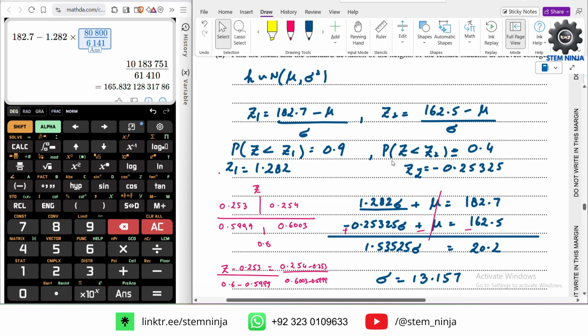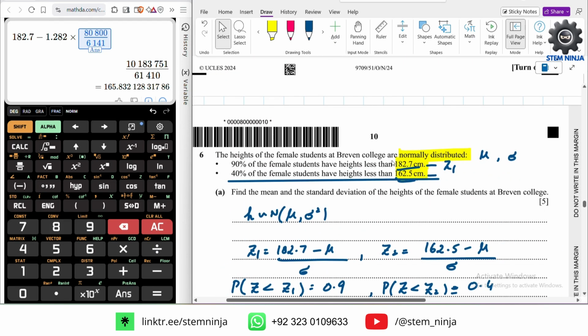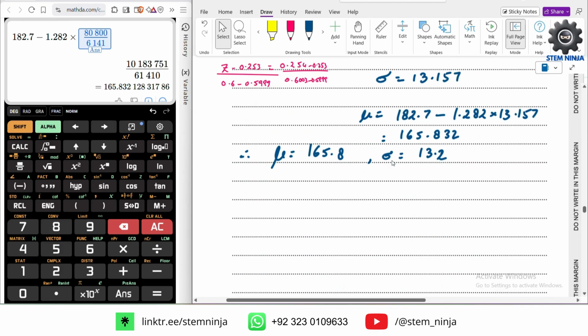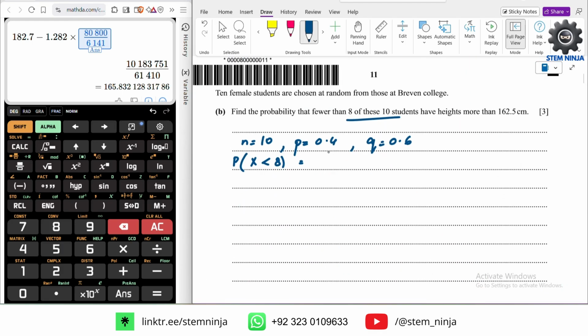Oh, wait, sorry, no. The 40% of the female students have heights less than that, so that means 60% of them will have more than that. Okay. Sorry, this was a tricky thing.